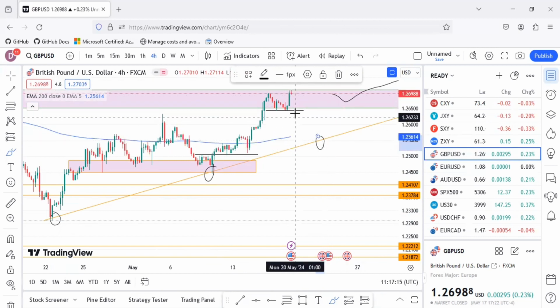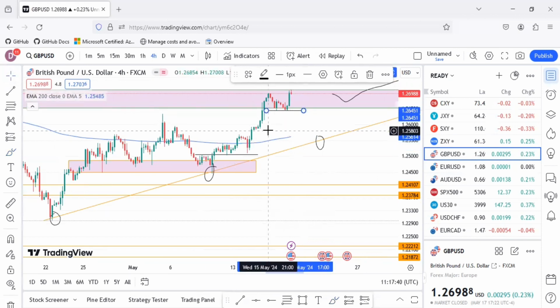So if we have a sell confirmation here, our sell can still go below this particular point. We still need to watch that. Then if we're able to break this trend line, we know we will continue to roll to the downside. But before we can make any attempt to sell, we need a sell confirmation, that the price has to break below this particular level that we are looking at here, or we have another confirmation before we can sell.